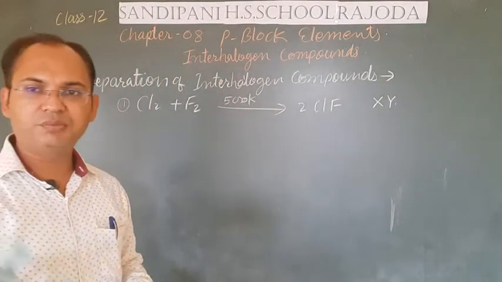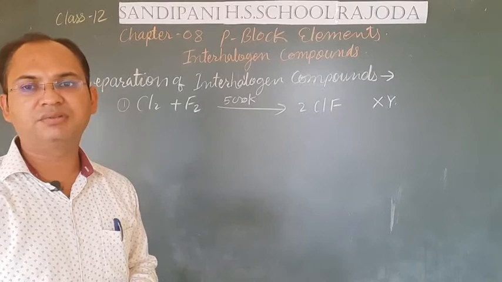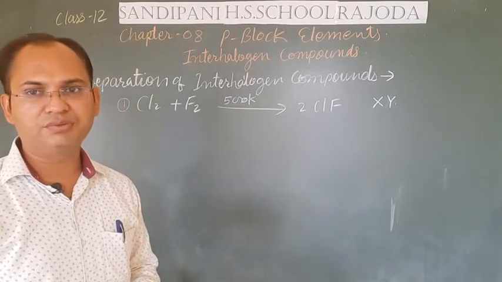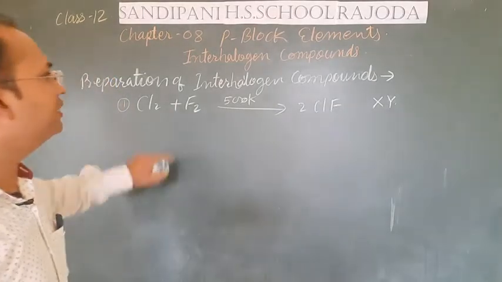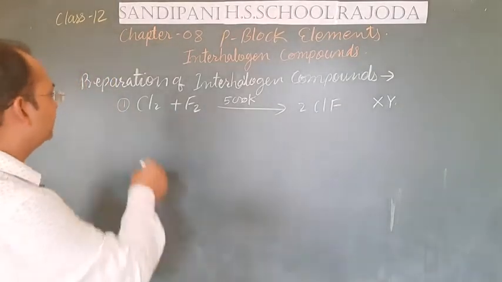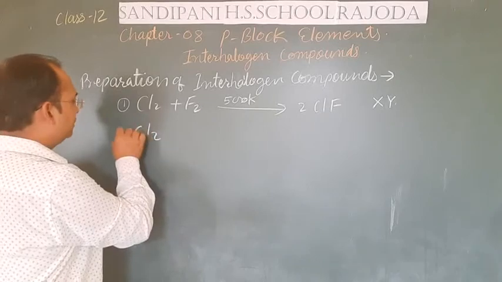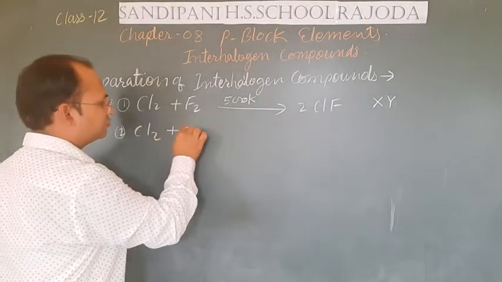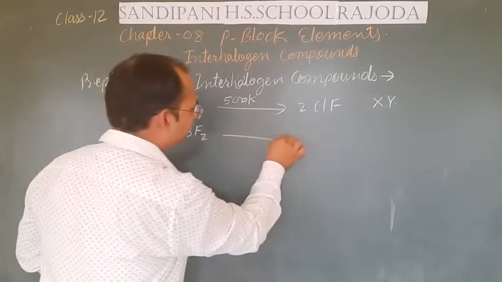Now if we see the formation of the second type of the binary interhalogen compounds, then the same reaction occurs but in different ratio. Cl2, second reaction, plus 3F2.